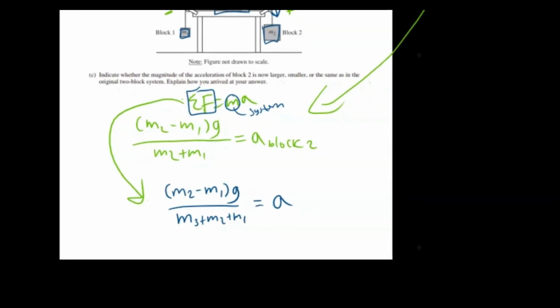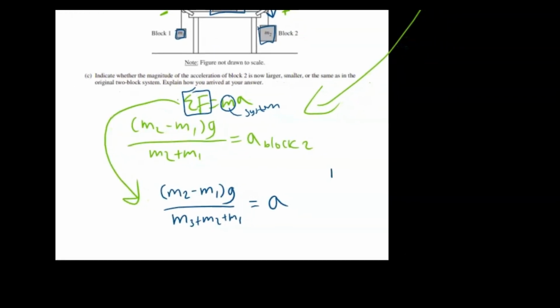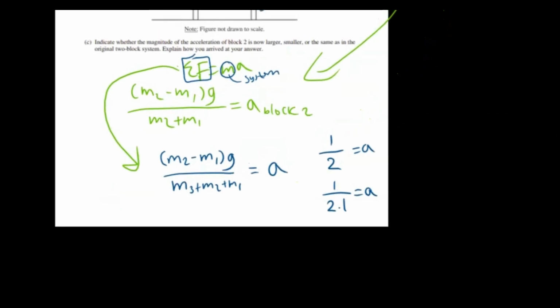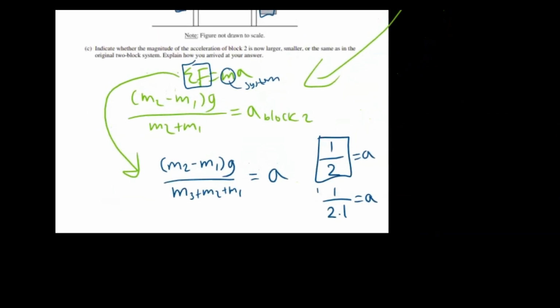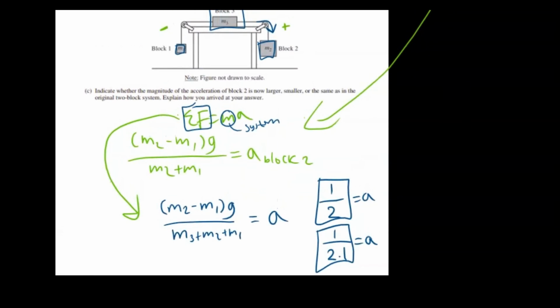So let's say we had an arbitrary number on the top, let's say 1, and our original total mass, let's say it was 2. So that would be our acceleration. If mass 3 was 0.1, then we have 2.1. Let's see which one is greater. 1/2 is obviously greater than 1 over 2.1. And so because of that, the magnitude of the acceleration is now smaller.